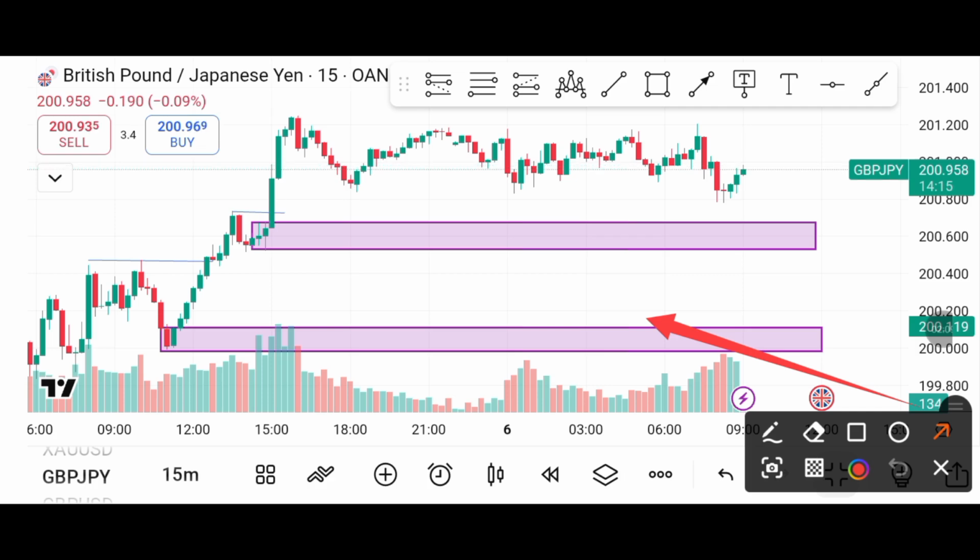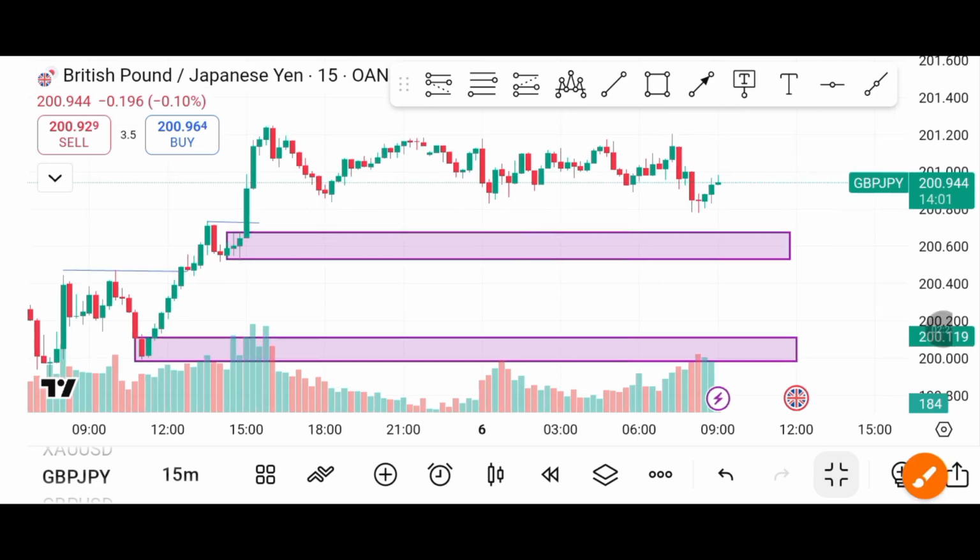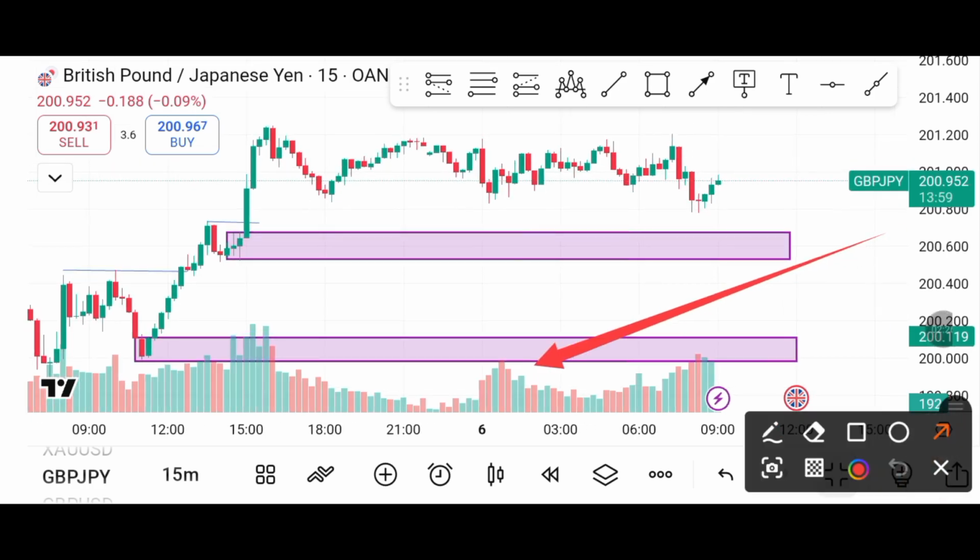All right, so this is what I'm saying. I have an order pending already on my MT5 around this zone, but you can as well do two things here. You can set an alert at the second order block. This is the first order block, this is the second one.